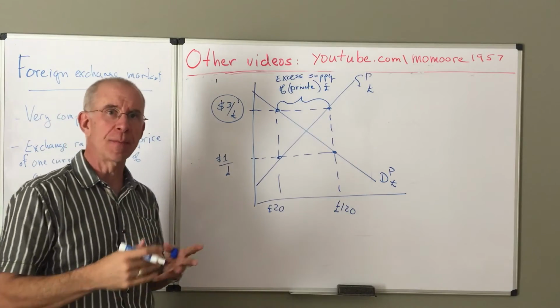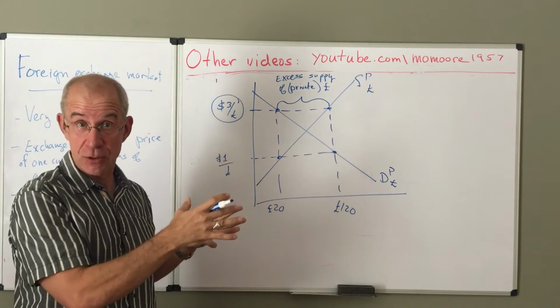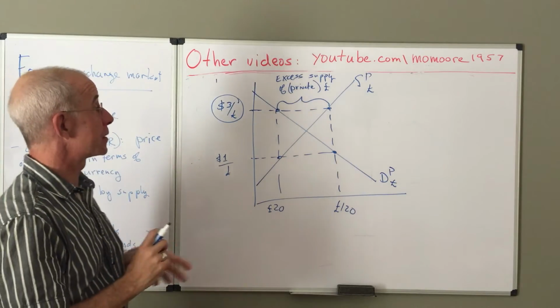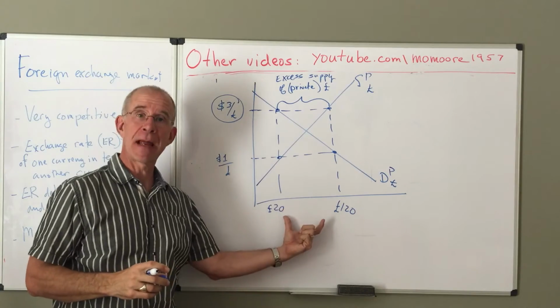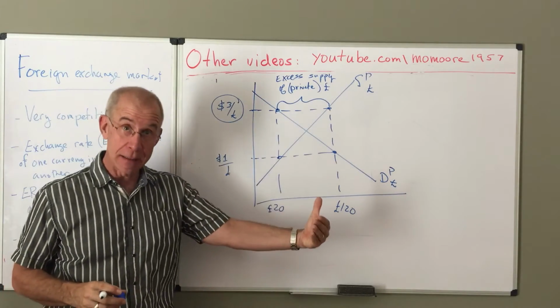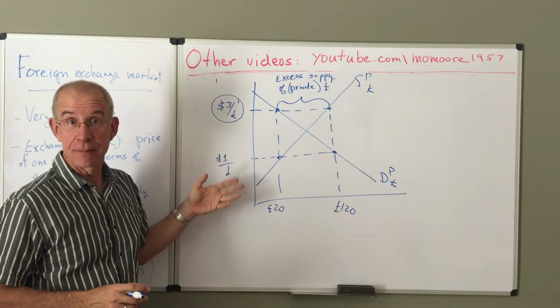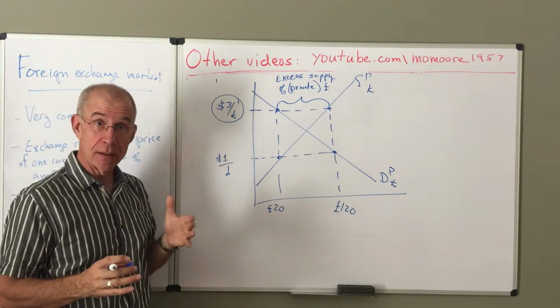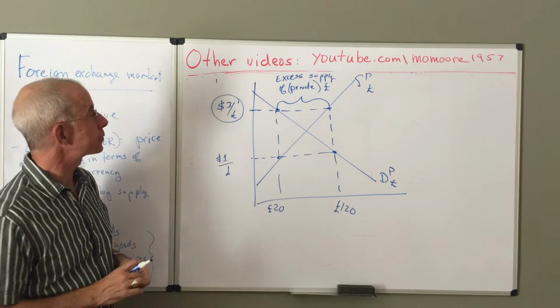Now, I put private in there because I'm going to make a distinction in a fixed exchange rate system in a later video. So what we have here is 100 pounds being supplied in the market beyond what is being demanded. So that exchange rate will need to change. It will have to adjust.